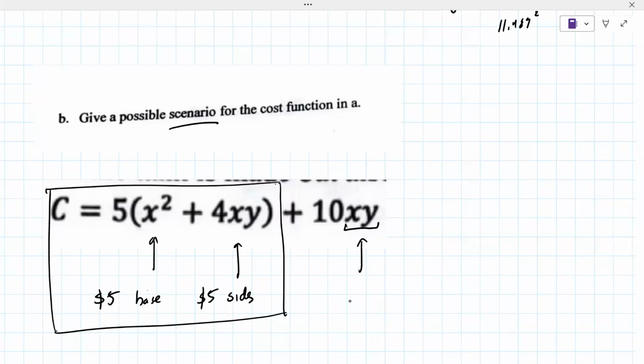Yeah, the cost of the materials, because they tell you that this is the excavation charge in the problem. Okay, I believe that is everything for that one.